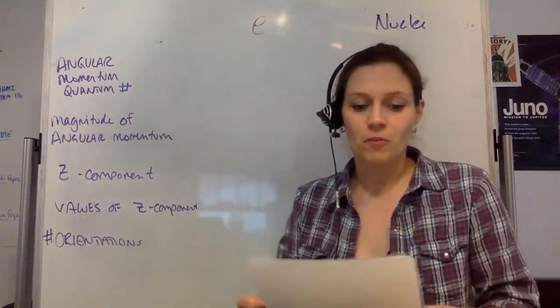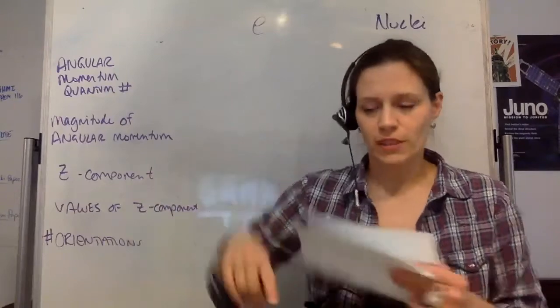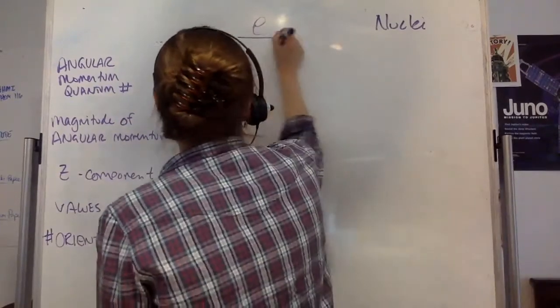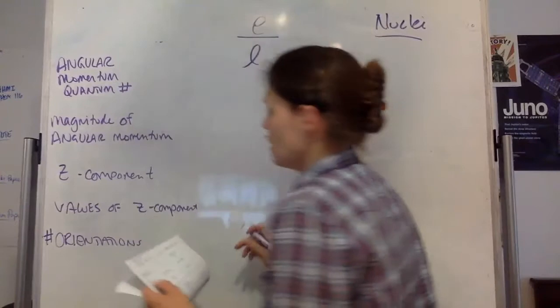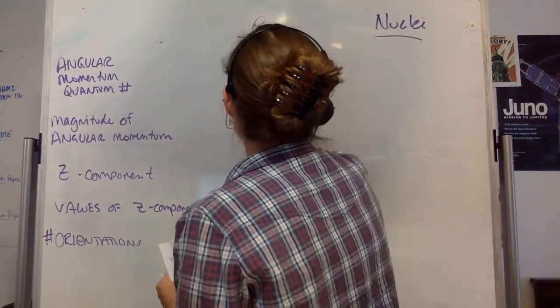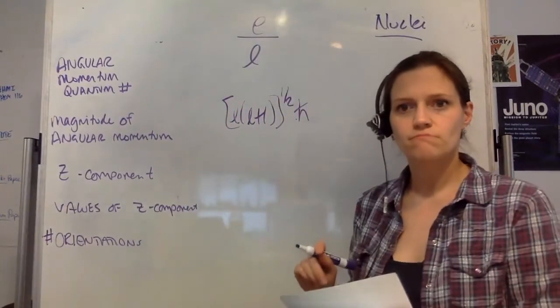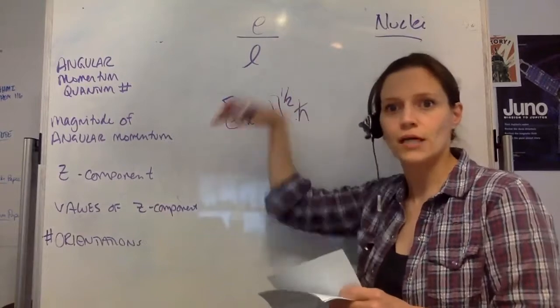And so that angular momentum associated with the orbital motion is designated with the quantum number L, and it has a magnitude of the square root of L times quantity L plus 1, times h bar. Go team. We've done this a lot.